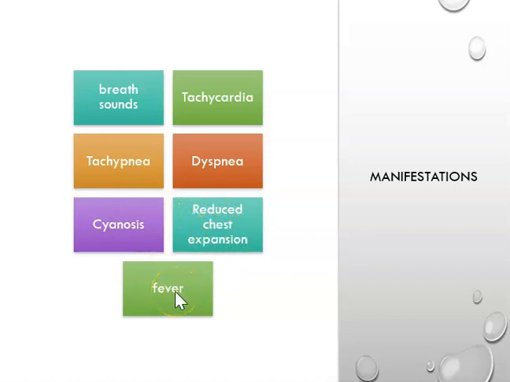So think about your post-op patients. They've had surgery, they've got a little bit of a fever, maybe it's mild, their lung sounds are diminished. Before I even call the doctor, I get that patient to use the incentive spirometer, and usually that clears up the fever. And what I'll do is I'll call the physician and say, hey, I'm calling about so-and-so in room 12.